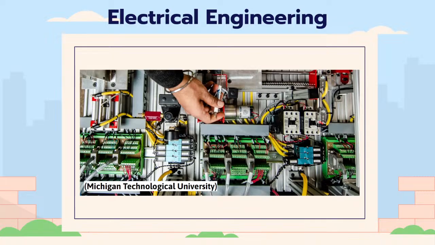Because we want the water to flow. In order for the water to flow, we need the channels to open. So we need electrical engineers to help input that power into the dams or the robots, the satellites, the rockets, even your phones. Phones, laptops, huge part of electrical engineering.